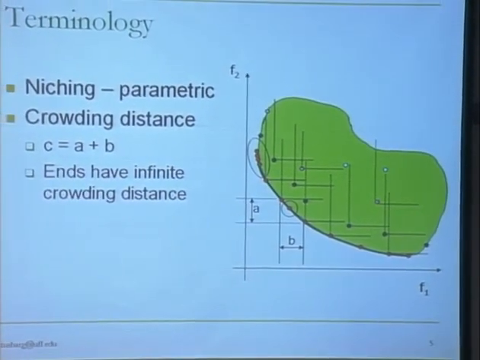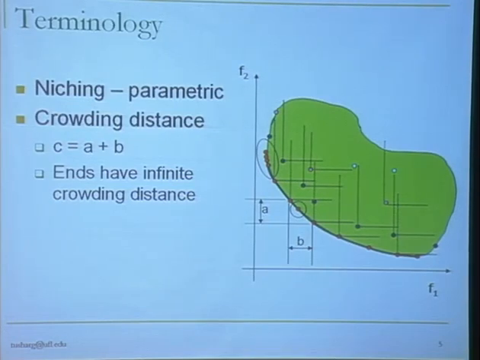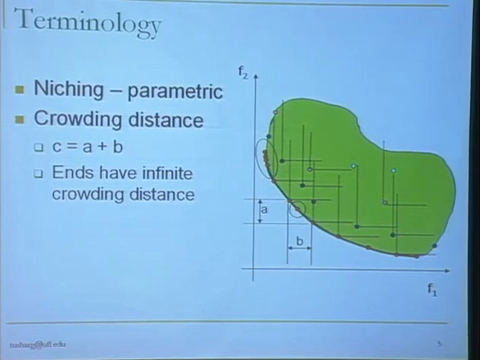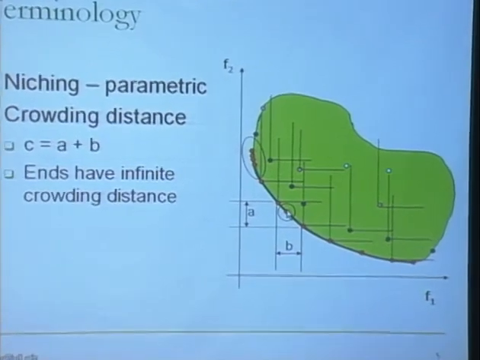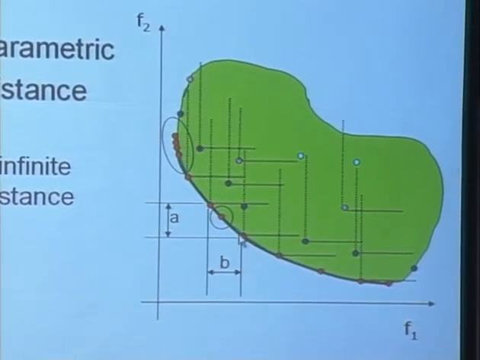Whereas the other approach we use in NSGA-II is the crowding distance. This is a non-parametric approach. Let us say for each solution we assign a crowding distance. How do we compute that? Let us say we have this particular solution. We have two neighbors, first is this and second is this.